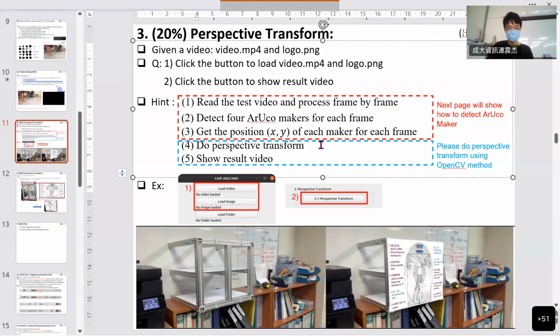That's clear. Click the button to load the video and the logo. So the transform is from where to where?